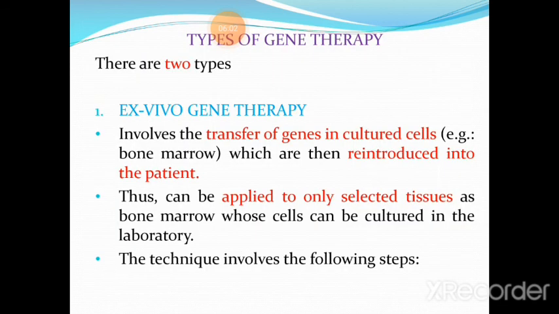Okay. So these are three approaches: somatic cell gene therapy, germinal cell line gene therapy, and embryo cell gene therapy. Apart from that, you have types of gene therapy. There are two types. Okay.